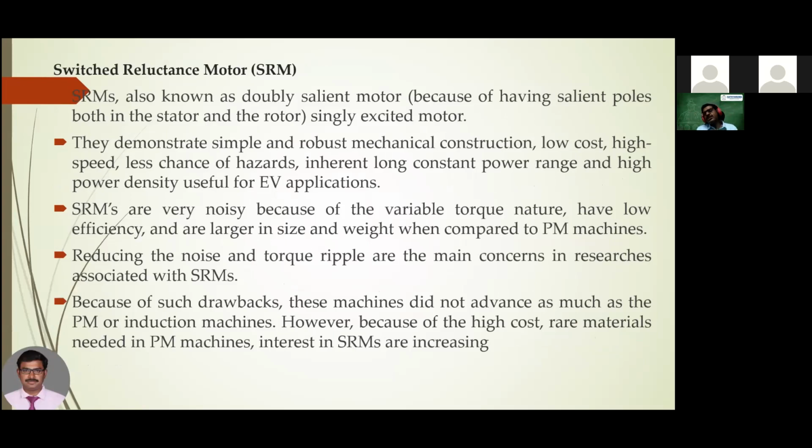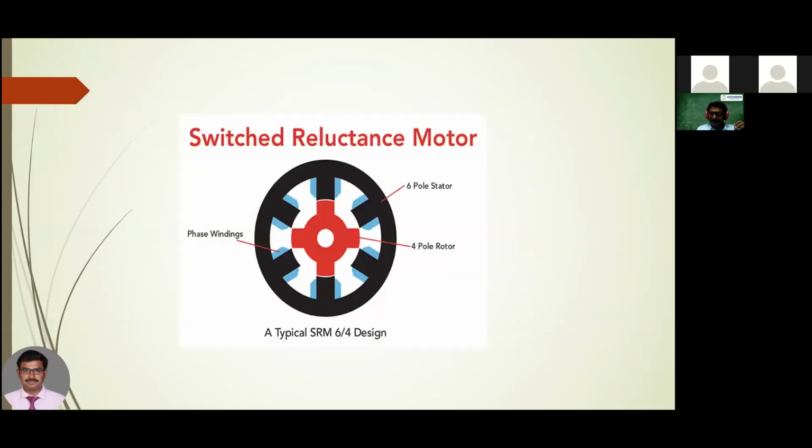But in the switched reluctance motor, we are not using a permanent magnet on the rotor side. We use a steel pole instead. We are not using a permanent magnet here. This is the switched reluctance motor.